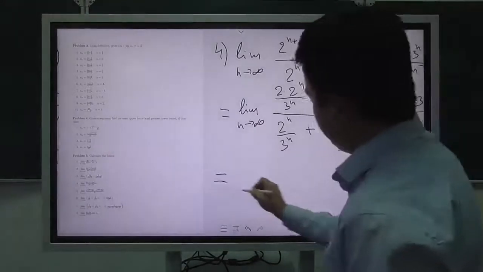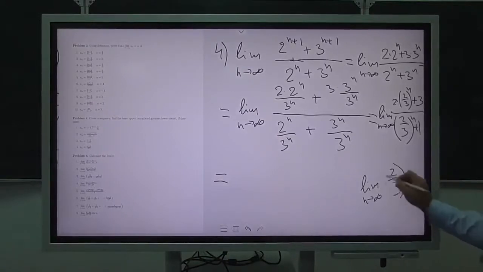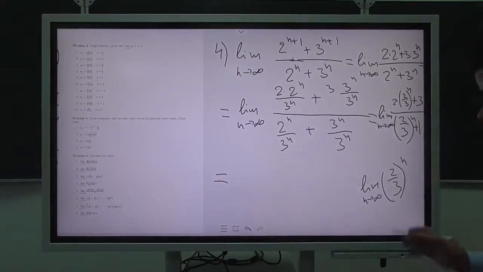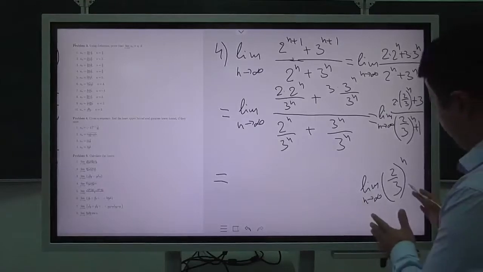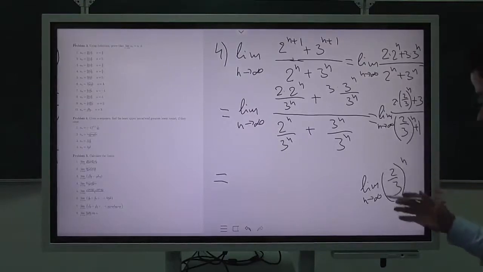Let's continue. Here, let's consider the limit as n tends to infinity of 2 over 3 to the power of n. Is it greater than 1 or less than 1? This is less than 1, and since it is less than 1, it goes to 0.